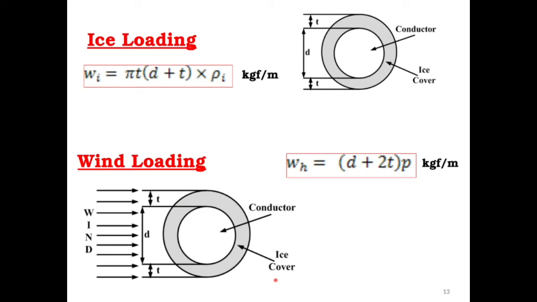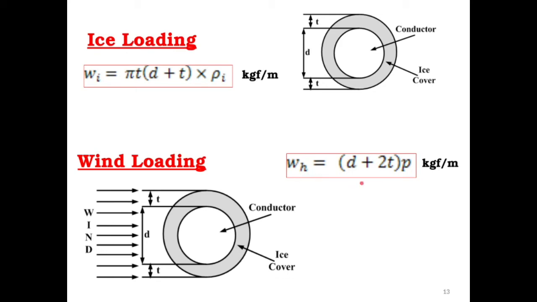Ice formation has happened over the surface of the conductor, and at the same time, some wind is blowing onto it. In that case, we get the wind loading, and you see there the H, and it is horizontal because wind is going to act horizontally onto the conductor surface.